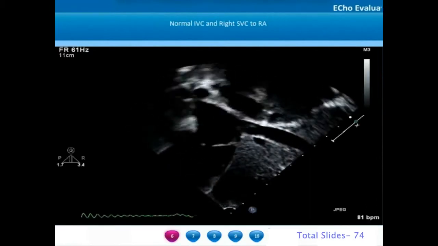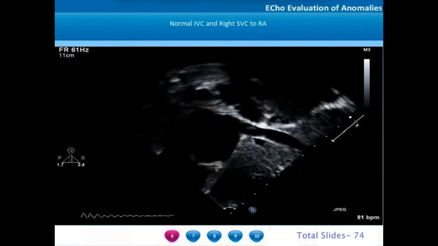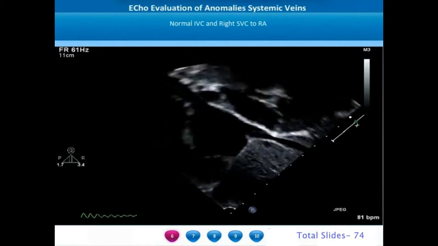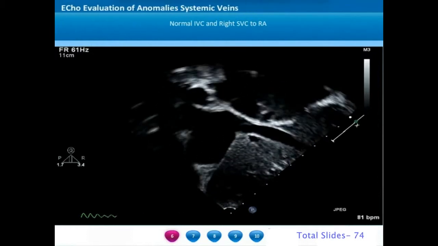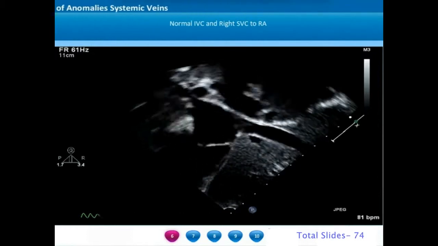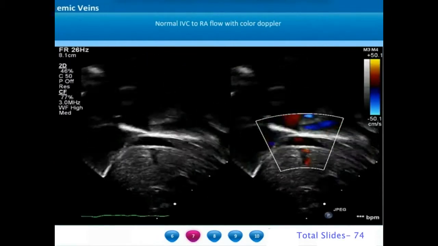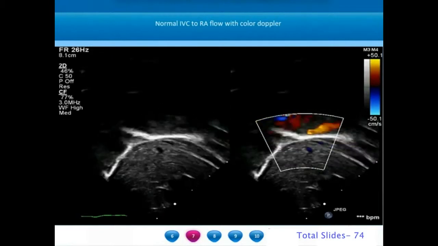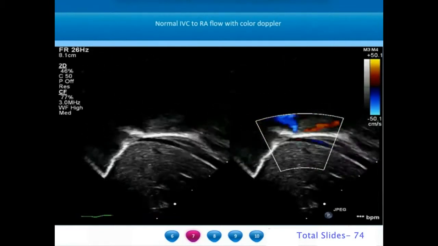On a subxiphoid sagittal view, we can notice both the superior and inferior vena cava entering into the right atrium. On color flow Doppler, we can notice the inferior vena cava entering into the right atrium.